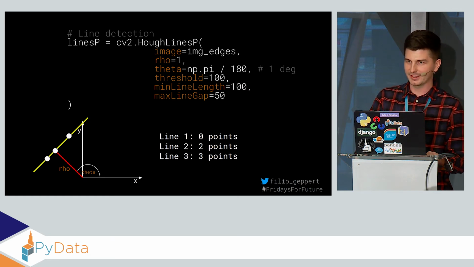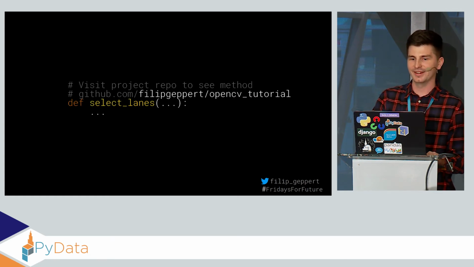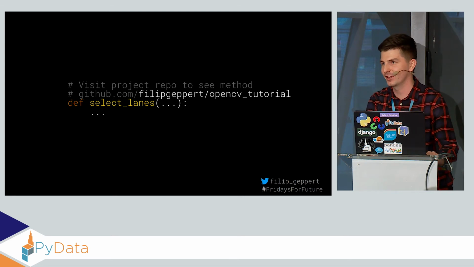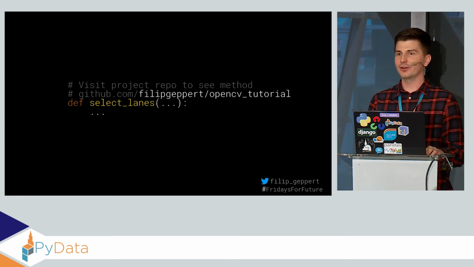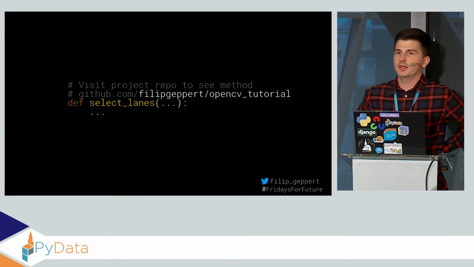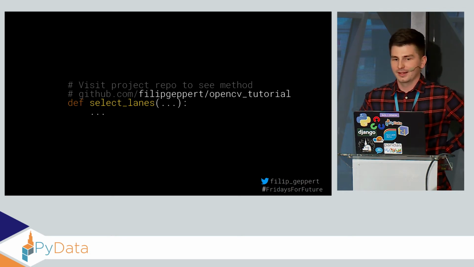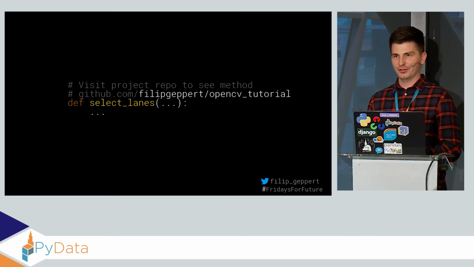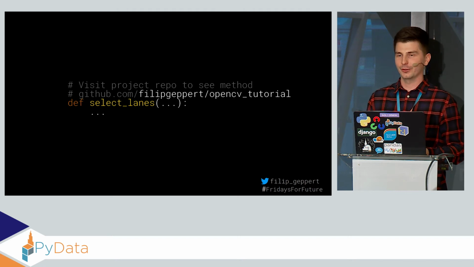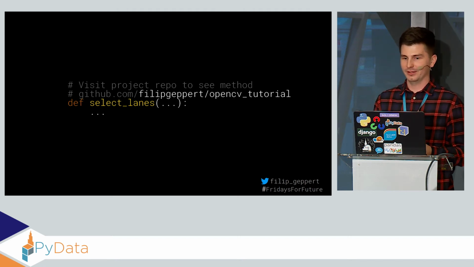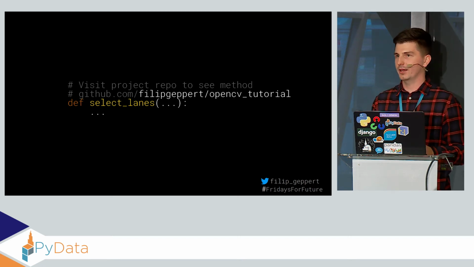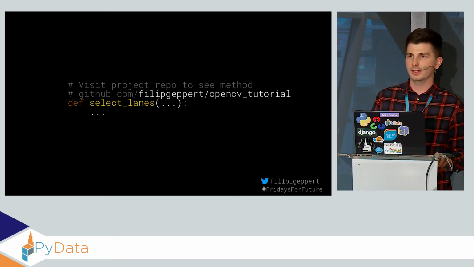So we detected lines in our image, and this is the perfect moment to invite you to write logic for determining if something is a straight line or not. I invite you to visit my repository. I uploaded the whole code before my presentation, so you can see the logic for determining if something is a straight line or not.